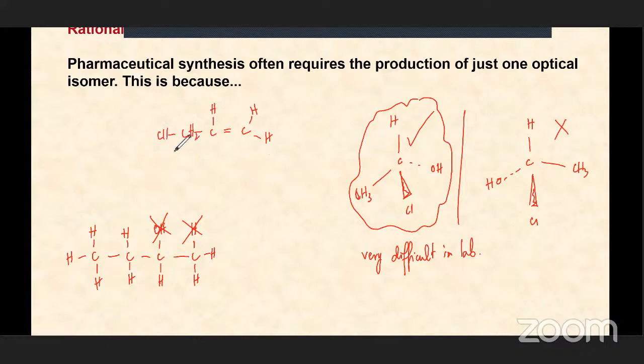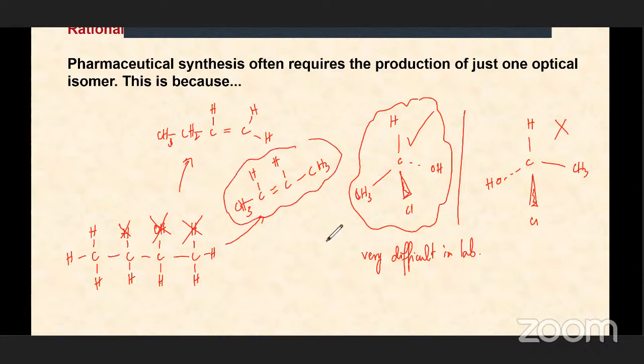or it could be possible that the H is gone from the left side, so it would turn into a but-2-ene molecule. Now if it turns into a but-2-ene molecule, there are different issues, because it will then have two geometric isomers, so there will be two different versions.